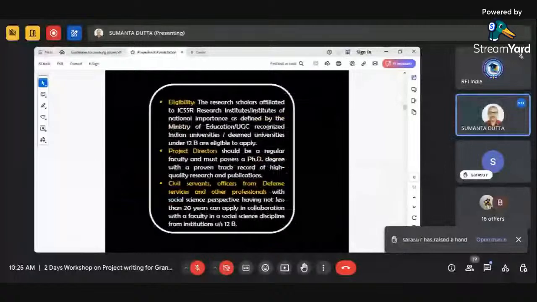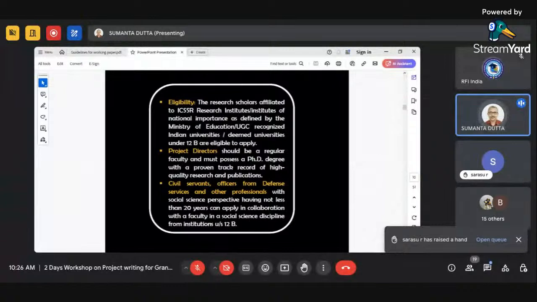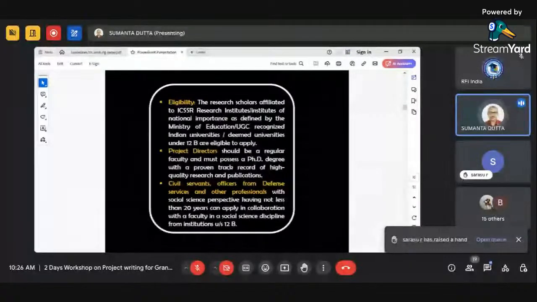Now, who is eligible for applying? It is stated that any research institute, any institute of national importance, any institute which falls under 2F and 12B, any faculty members of that institution, UGC recognized university, or deemed university covered under 12B are eligible to be admitted.